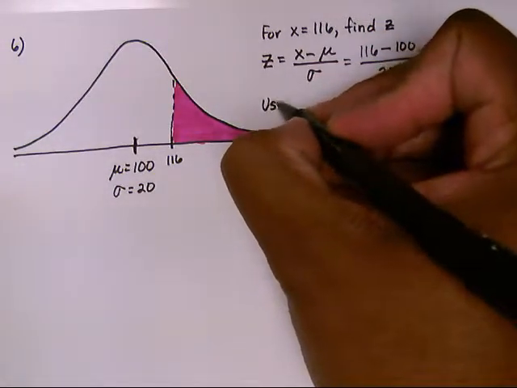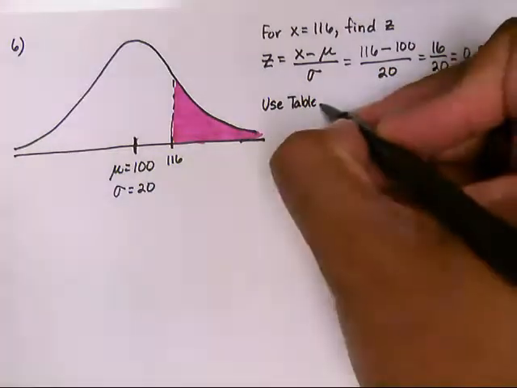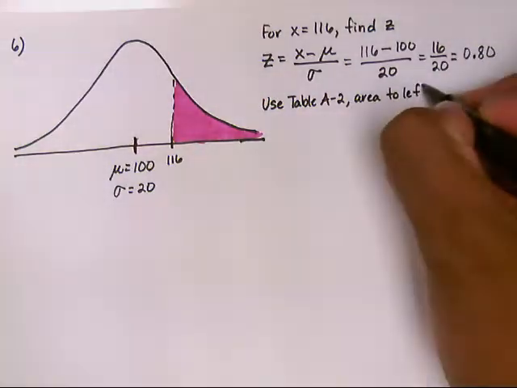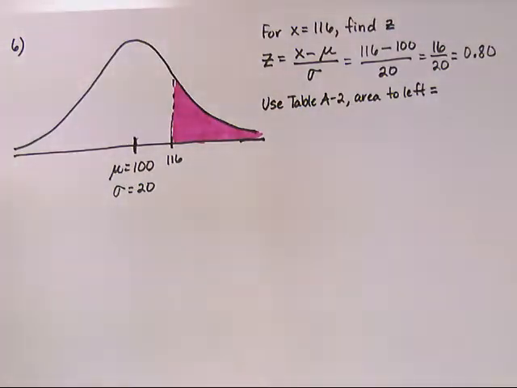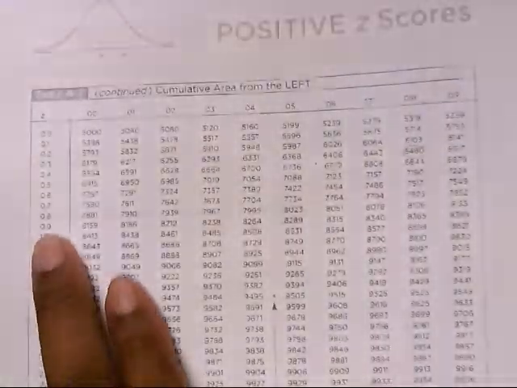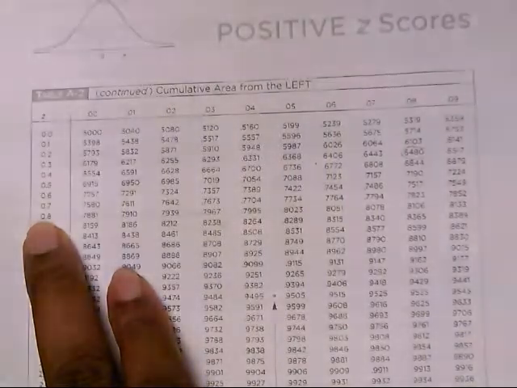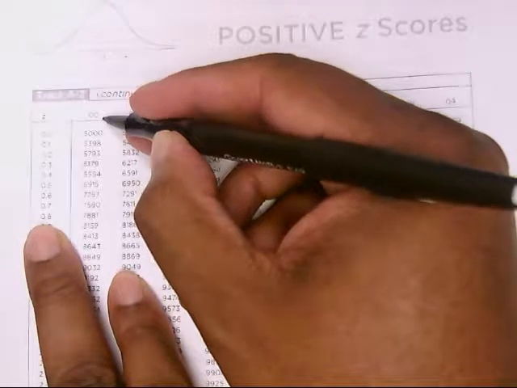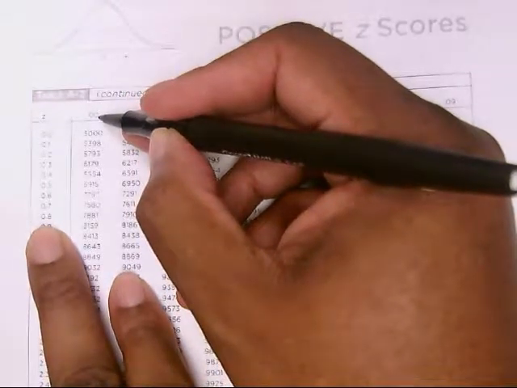Okay, so this is where we're going to use table A-2 to get our area to the left. Okay. So let me get table A-2 out, and it's a positive z-score, so we have to look on the side of the table that says positive z-scores, which is this, and then find 0.8, which is this number right here, and 0.00 represents the last digit or the second decimal, the number after the decimal point.